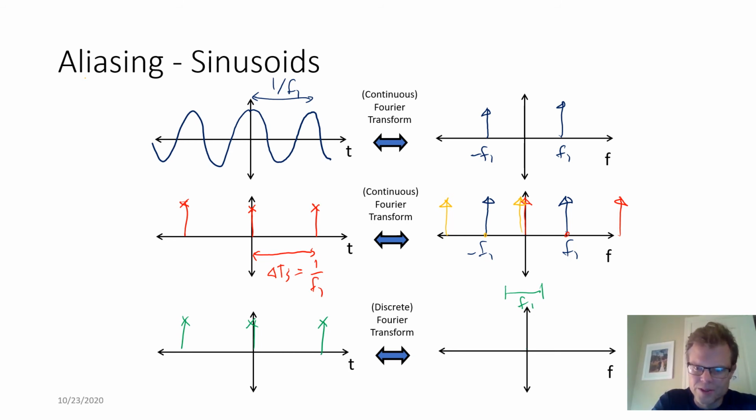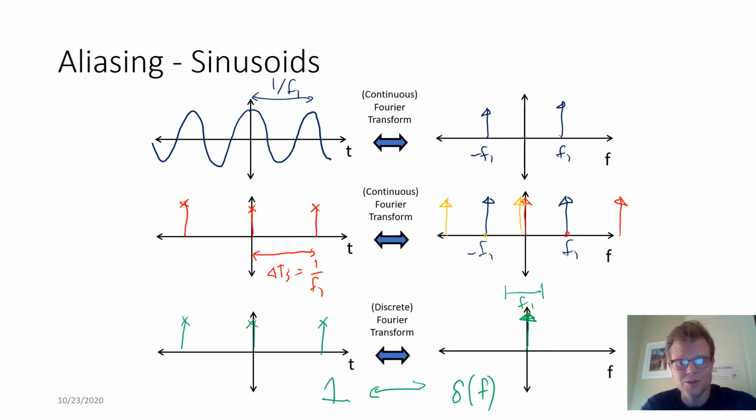And what we would see in this case in our discrete Fourier transform, or the result of the FFT here, is actually just going to be a single delta function at 0, which the Fourier transform corresponds to just a signal of amplitude 1.